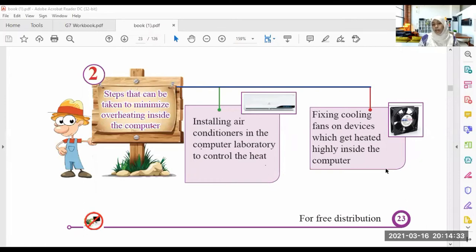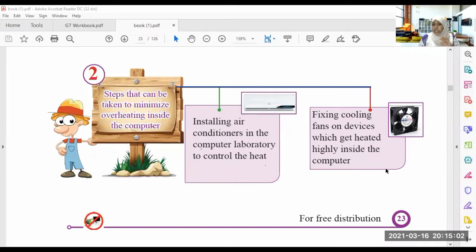So if they have already installed the air conditioners, it is better to use them inside the computer laboratory to control the heat, because you know, if there are many people inside the computer laboratory using the computers, and many computers are in process, then it generates heat.